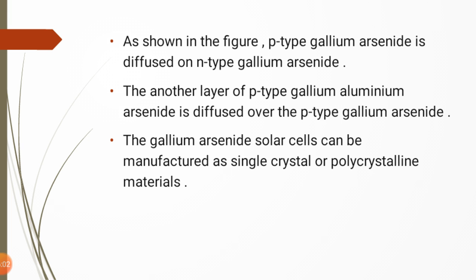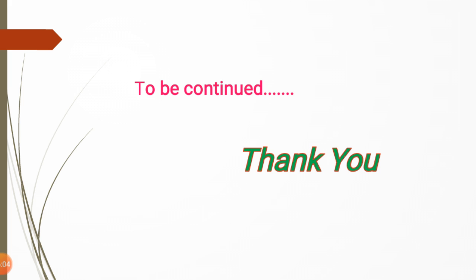So these are the different solar cell types based on the material used in the solar cell. There are different types of solar cell, but we considered only these three types. There are also different materials used in the construction of the solar cell, such as indium tin oxide, that is ITO, and others.